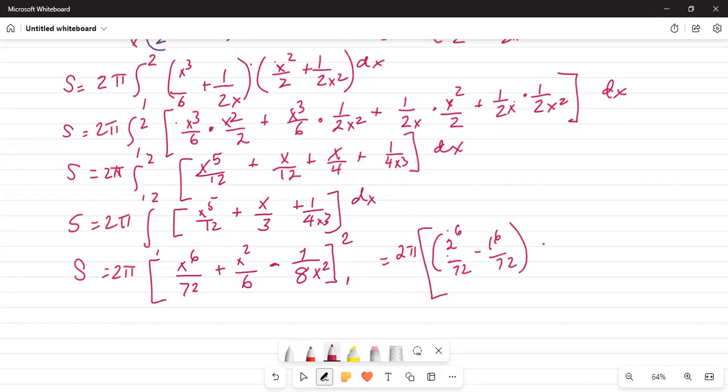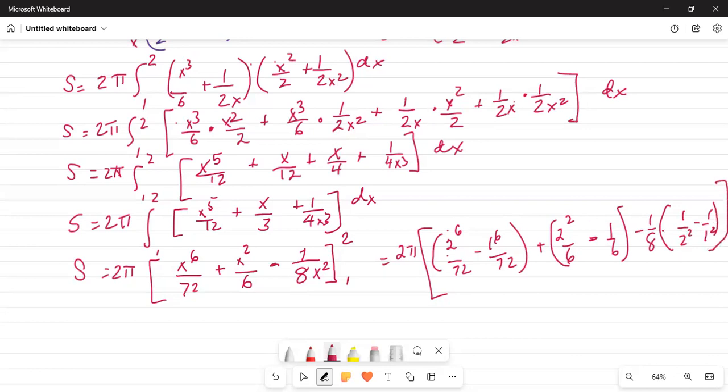Plus 2 squared over 6 minus 1 over 6, and then minus 1 over 8, and that will be inside the parenthesis 1 over 2 squared minus 1 over 1 squared.